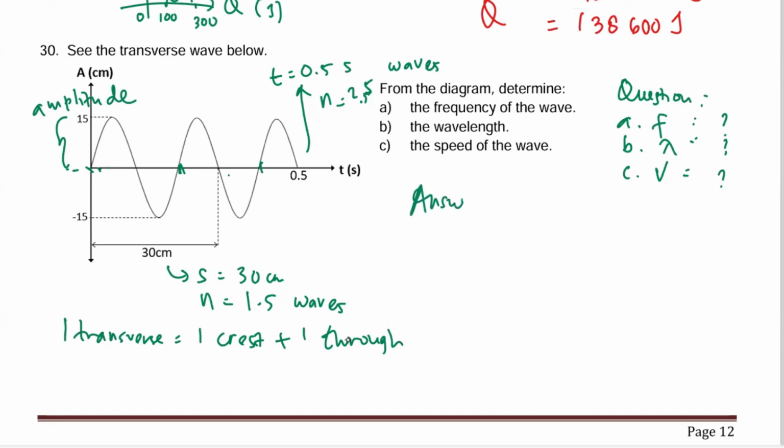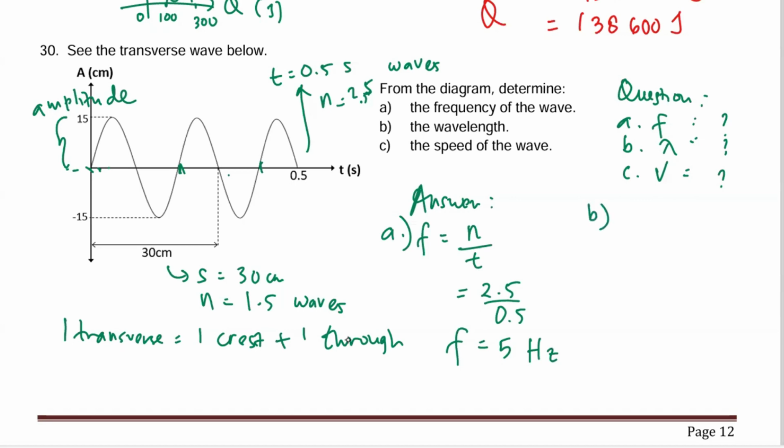So here is the answer. The frequency is the number of waves in a unit of time. We can use the information here: N is 2.5 and the time is 0.5. So the frequency is 5 hertz or 5 per second.